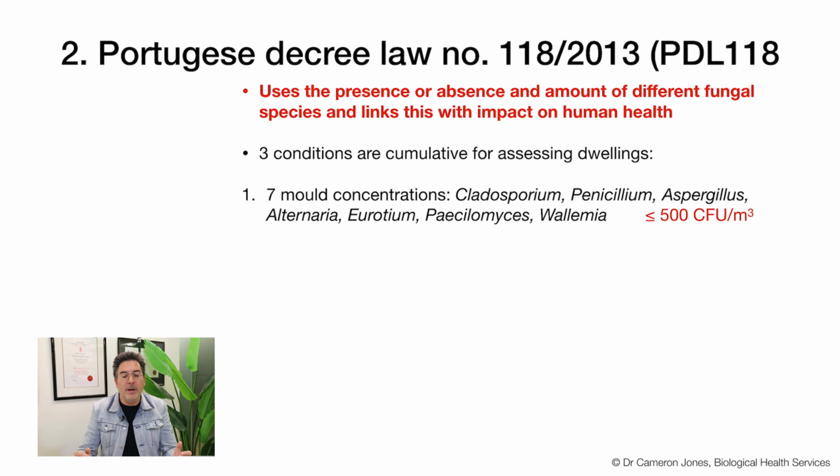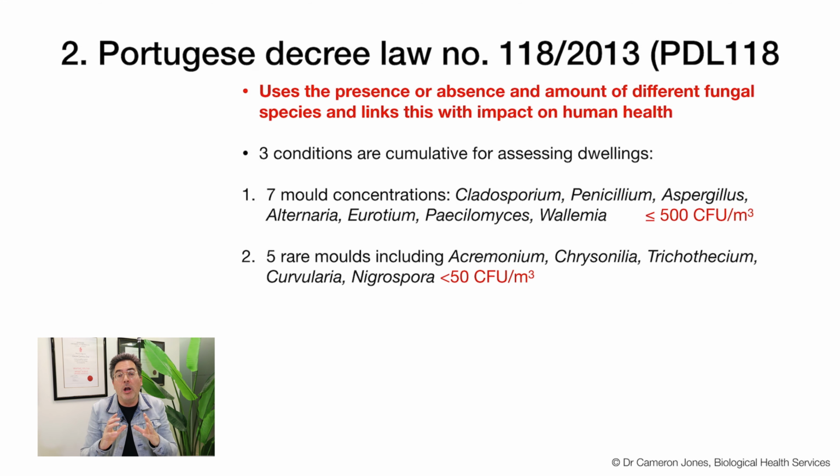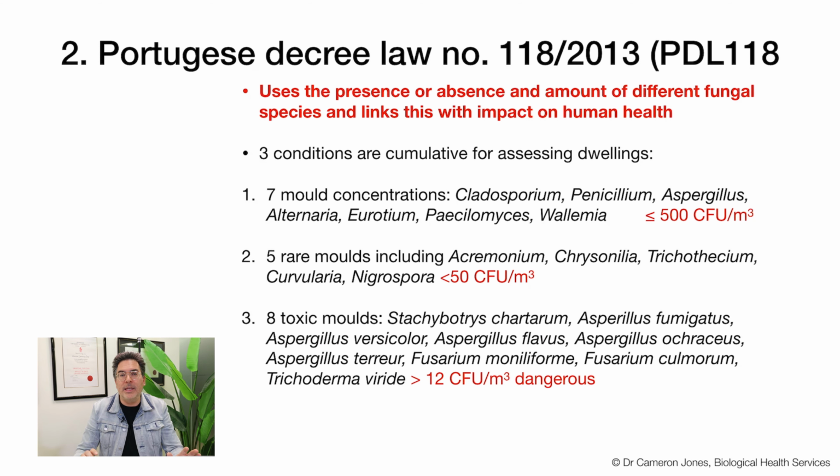And these are your dominant fungi, such as Cladosporium, Penicillium, Aspergillus, Alternaria, Wallemia. They've also then broken down 5 more rare molds, such as Acremonium, Curvularia, Nigrospora, and they've said that they should only be present in quite low levels, up to 50 colony forming units per cubic meter. And again, there are 8 toxic molds, and they are dangerous, and they should, in a sense, not be present in viable culture.